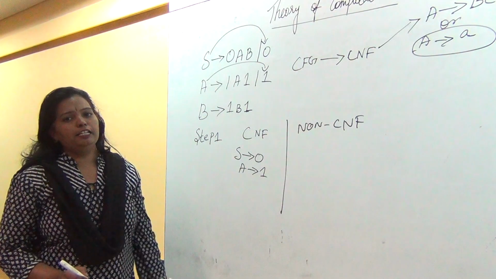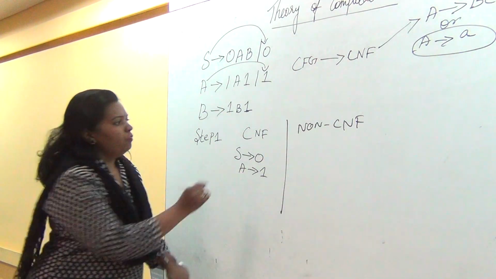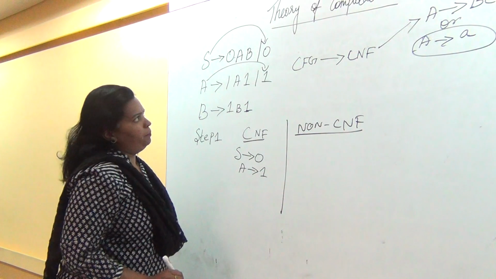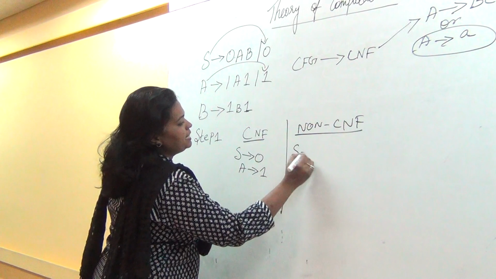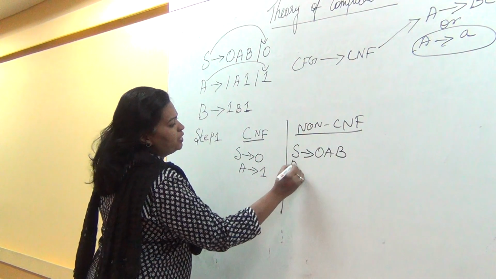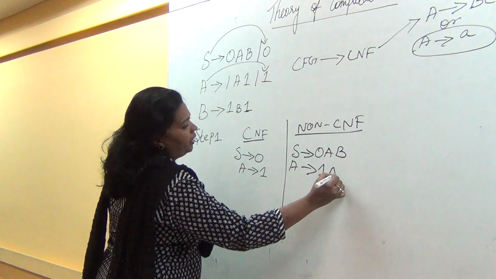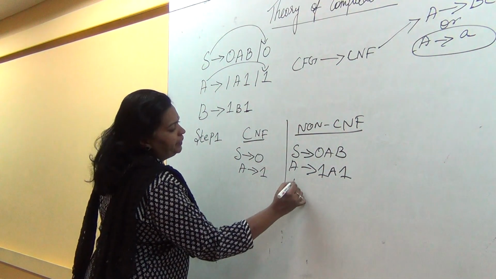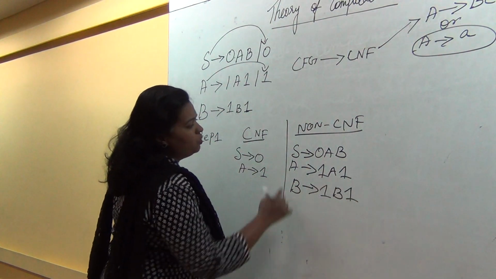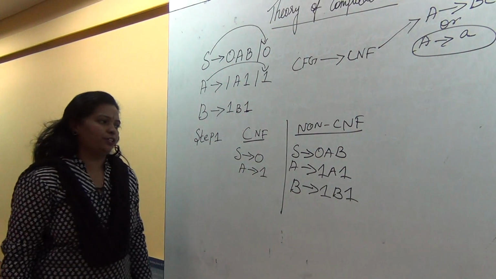So, we have written the CNF form. Now, we are moving on to non-CNF from the given problem. So, non-CNF is S tends to 0AB, A tends to 1A1, B tends to 1B1. So, this is the non-CNF production.